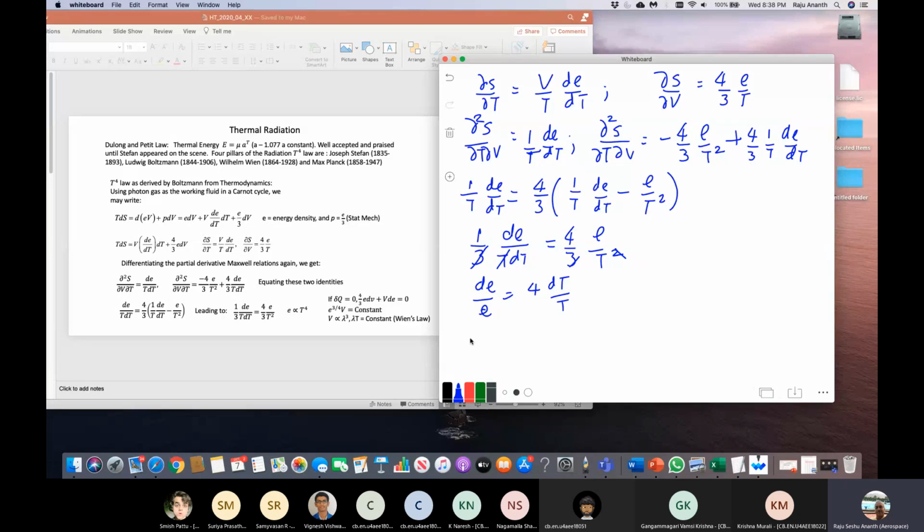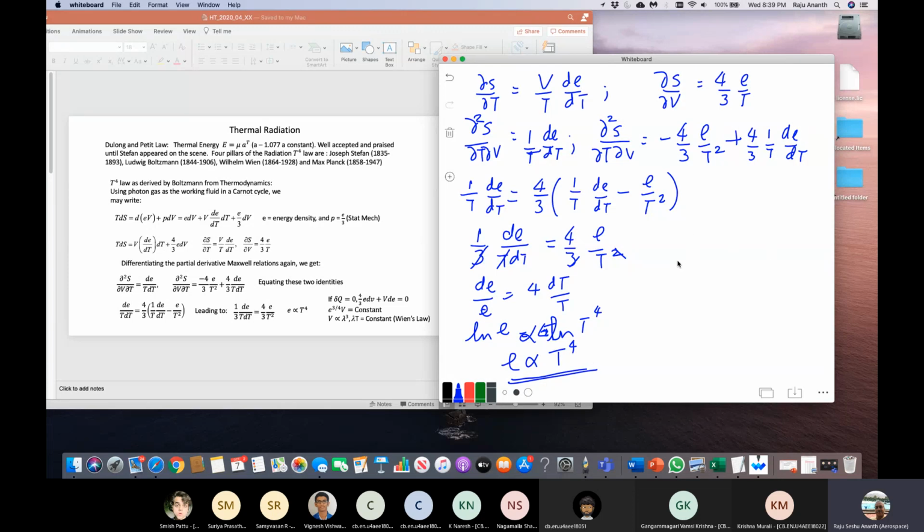Okay, so if you integrate, take the log, the internal energy is proportional to, I'm saying log 4 log T, or log T to the power 4. So E is proportional to T to the power 4.